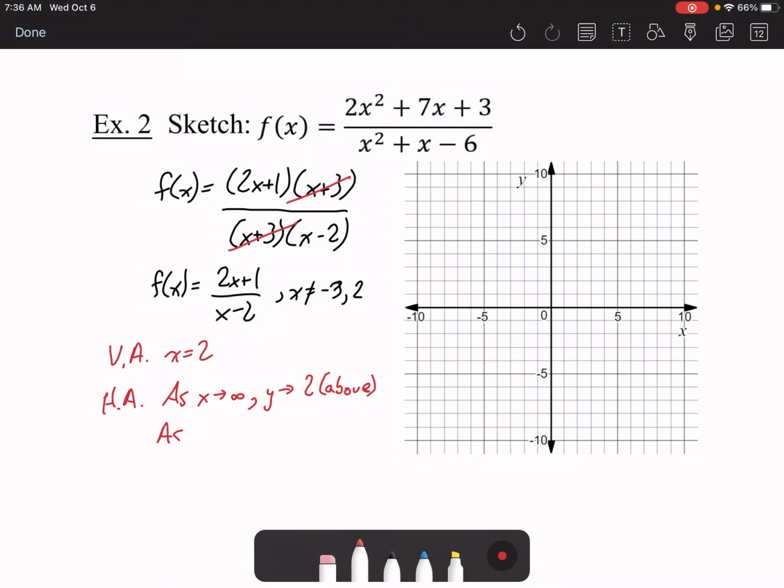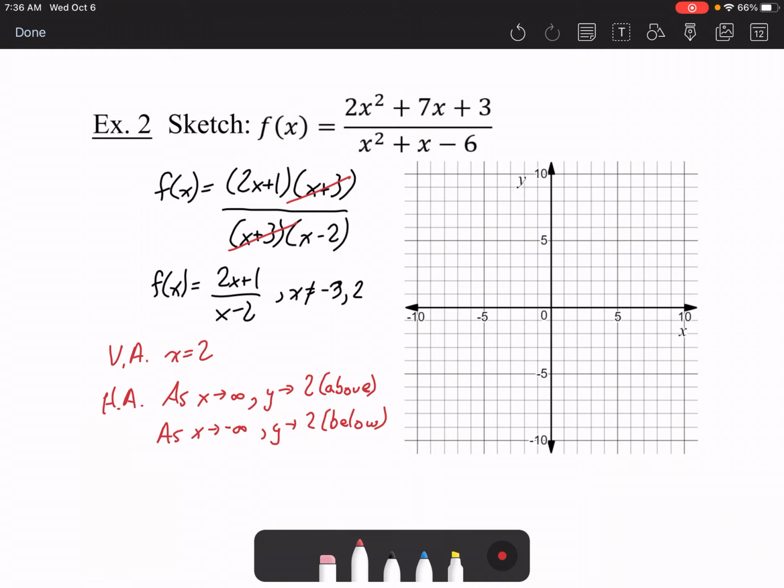Also, as x approaches negative infinity, y will also approach the value of 2, but in this case it will approach from below. So again, you just have to choose values in your calculator and see that that works out.